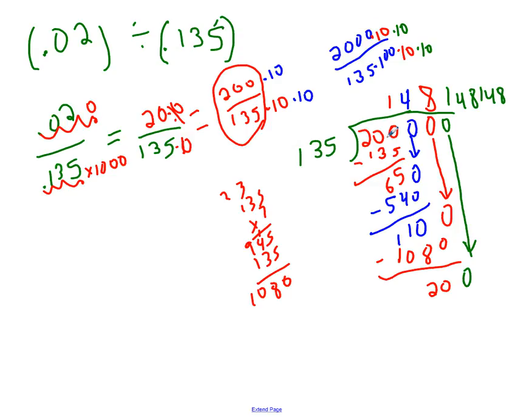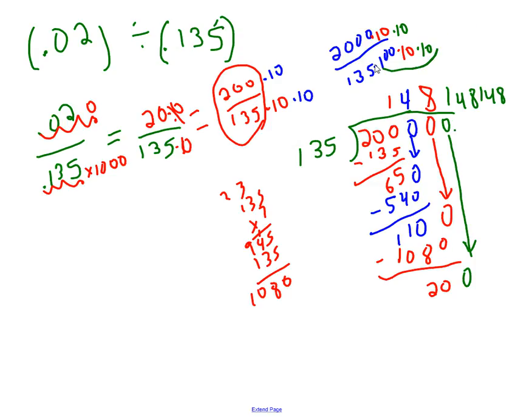Well, so far the decimal place is here, right? I kept multiplying by 10, so this wasn't 0.02, it was 20. Then it wasn't 20, it was 200. Then it was 2,000. Then 20,000, and eventually 2 million, divided by 135.